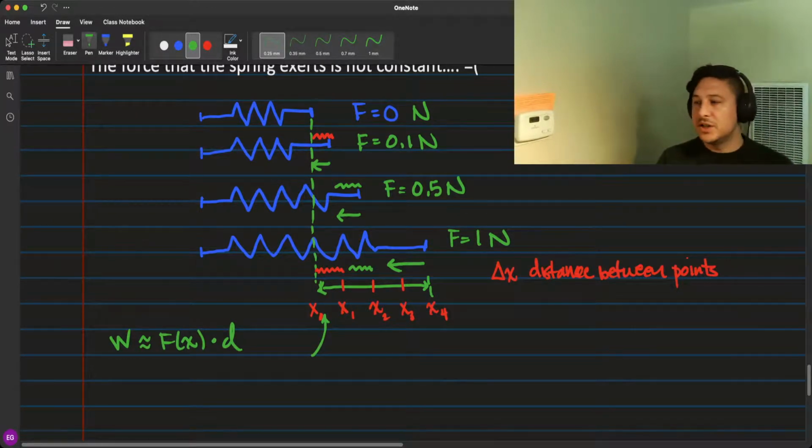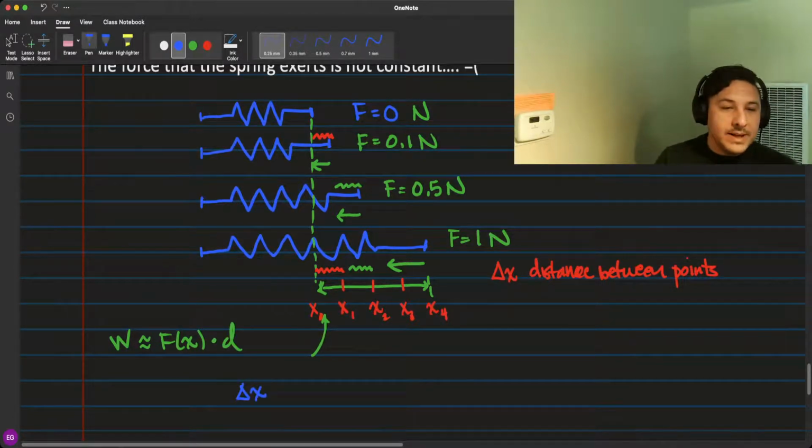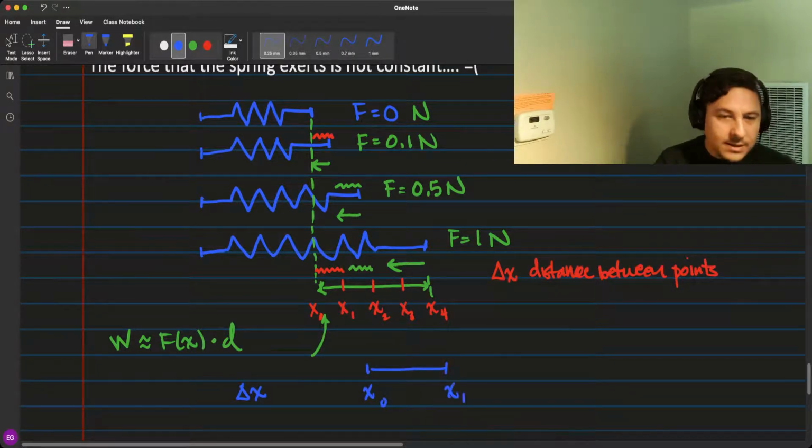How far did we stretch it? Yeah, delta x. Nice. So we stretched it by some amount, delta x. And here's x0, here's x1. We stretched it that amount.